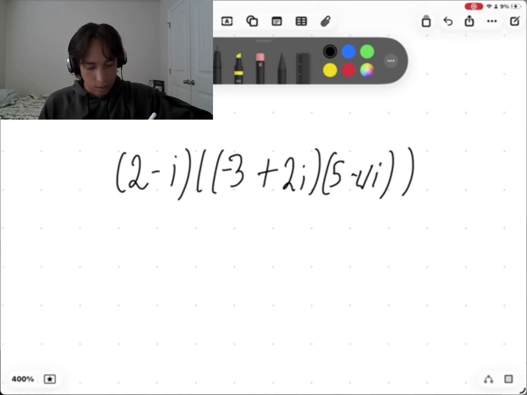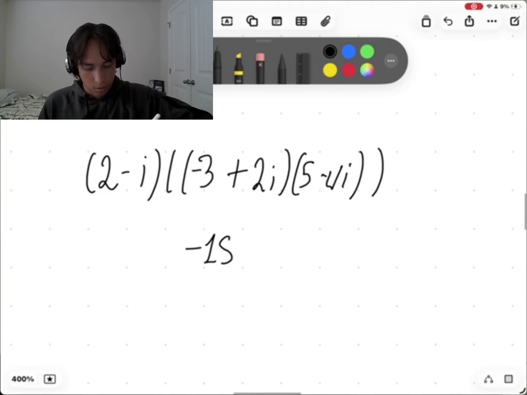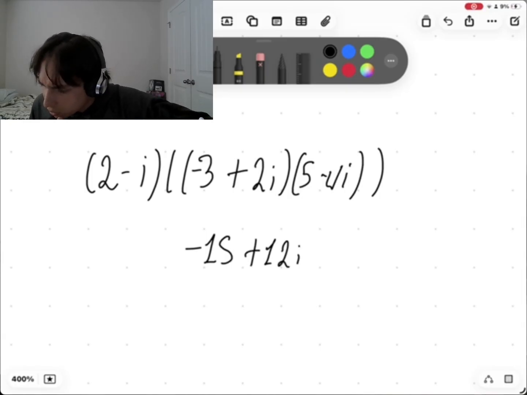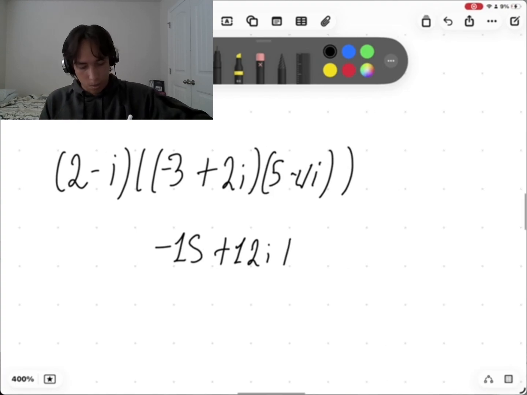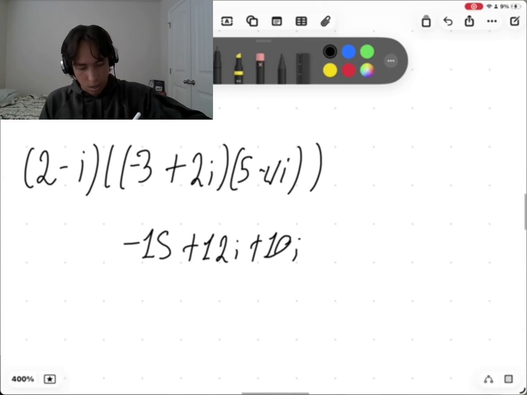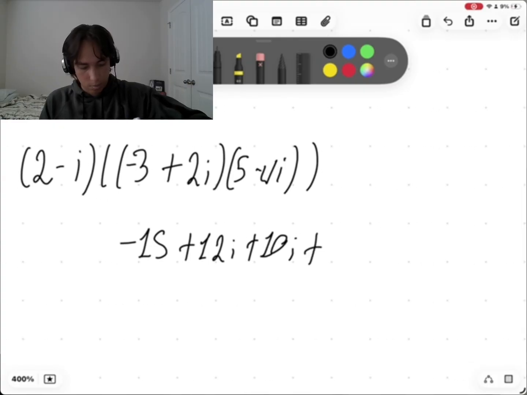So on the inside, we get negative 15, plus 12i, is it? Negative 3, negative 4. Yep. Plus 12i plus 10i, and then plus 8. Right?